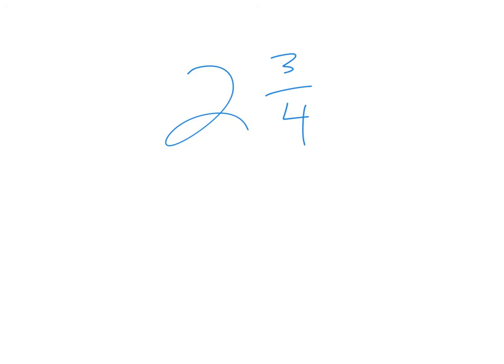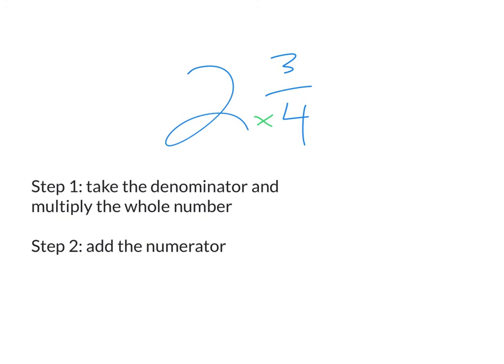So here is the easiest thing that we can do. We're going to take the denominator of 4 and we're going to multiply it by 2. So the first thing that we're going to do is multiply 4 by 2, which equals 8.